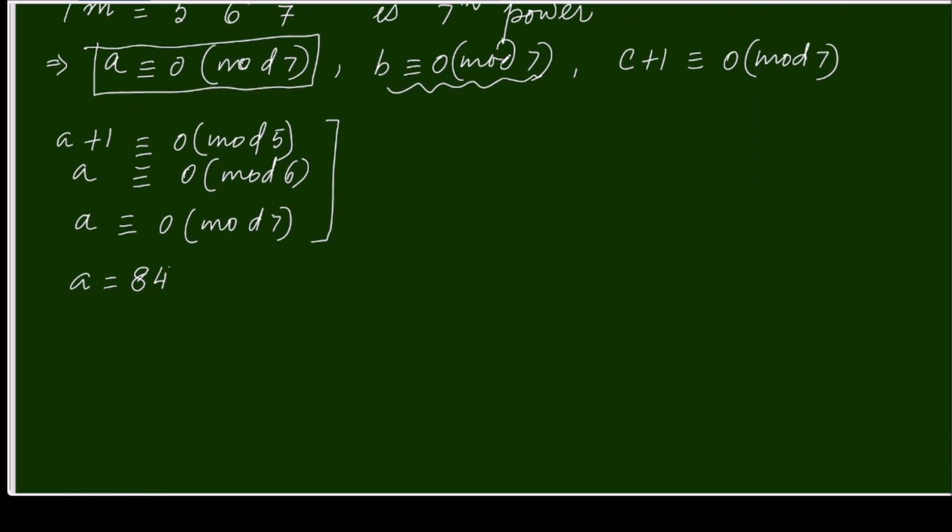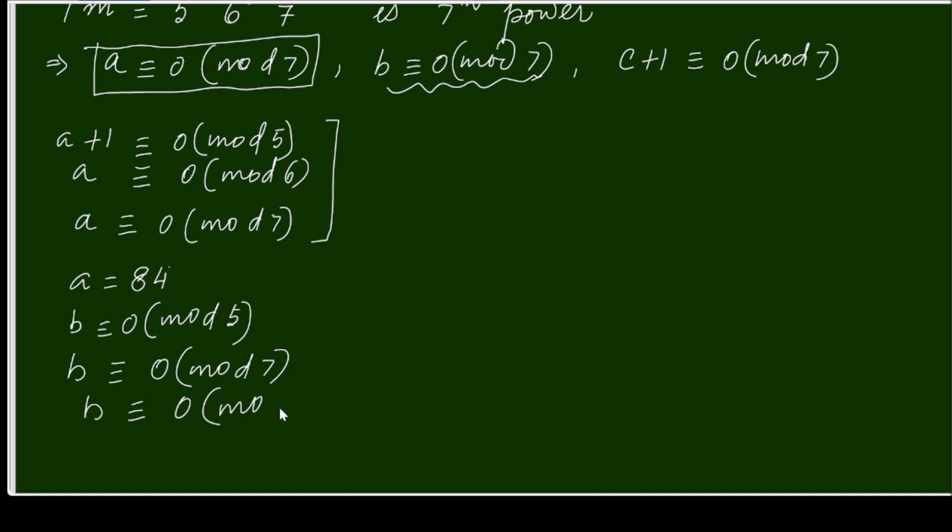So let us write all these three. b is congruent to 0 modulo 5, b is congruent to 0 modulo 7, and b plus 1 is congruent to 0 modulo 6.